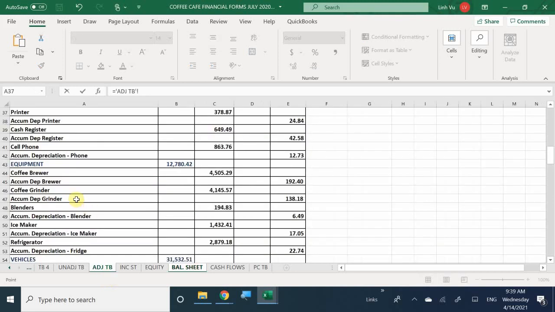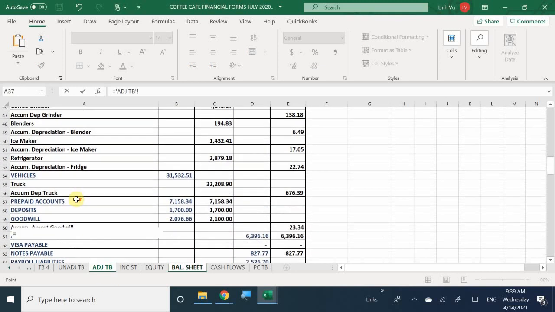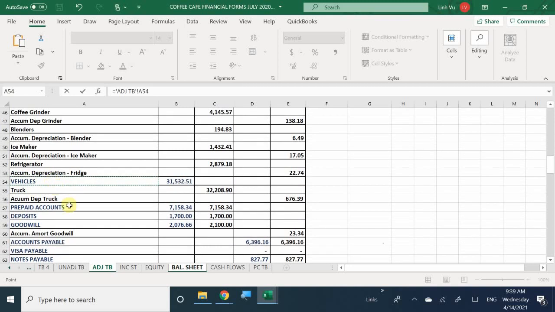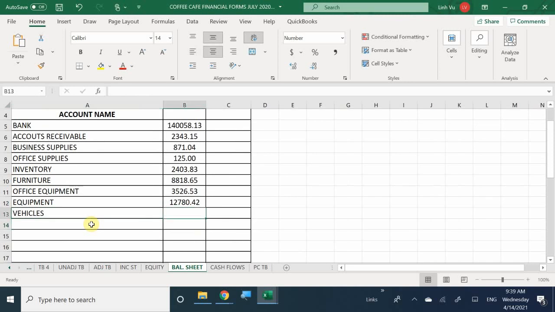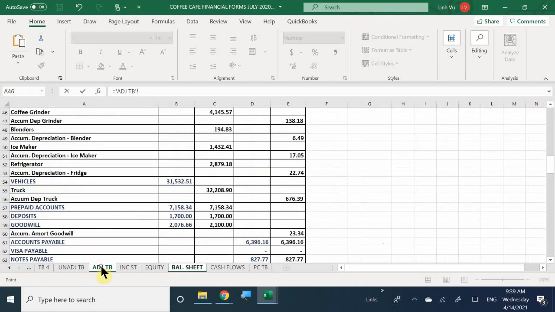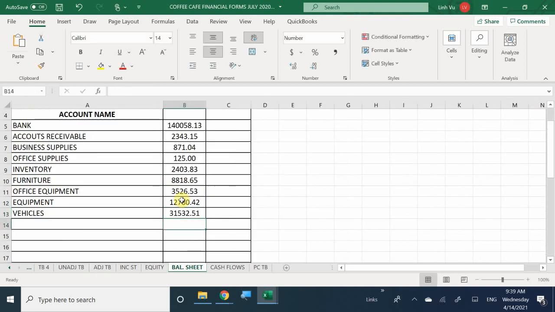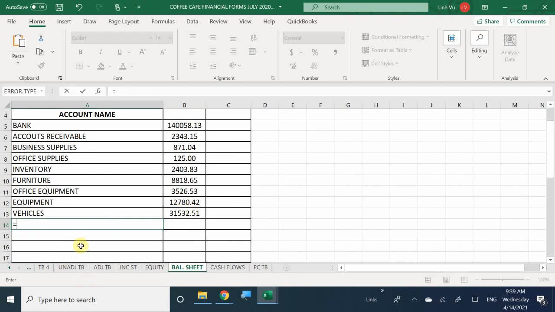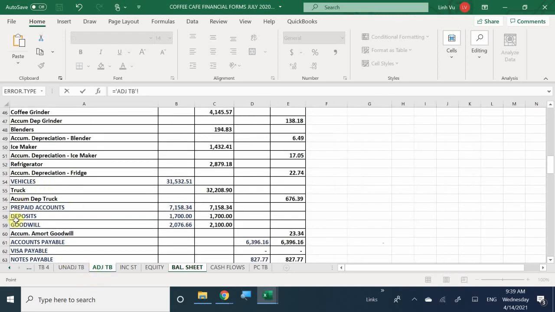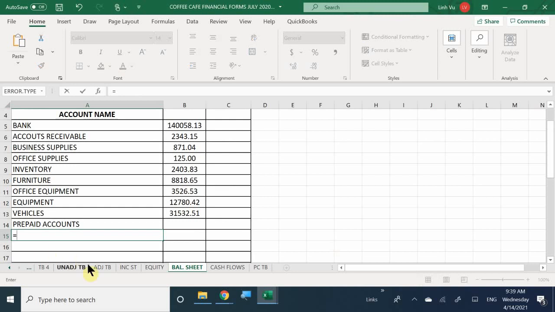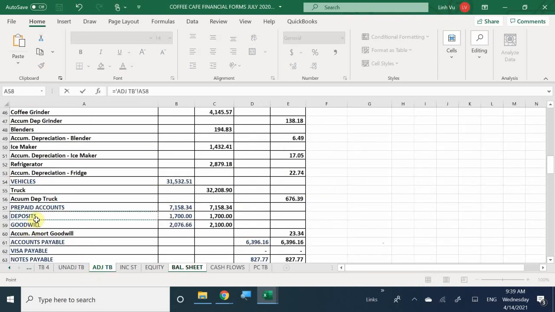What's my next asset? How much is my vehicles? 31,325. Good. We also have prepaid accounts. We have our deposits.